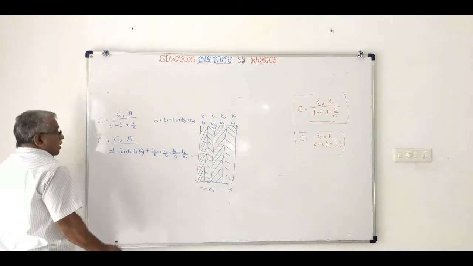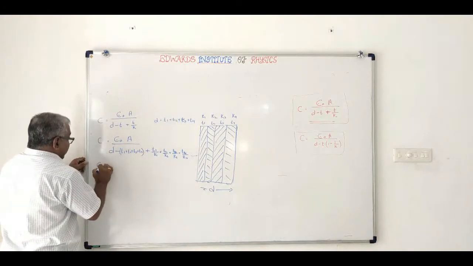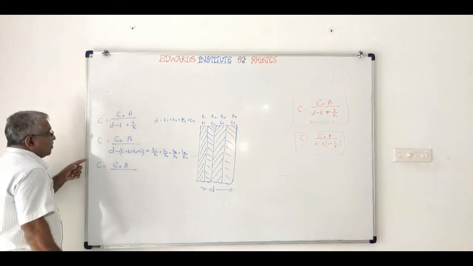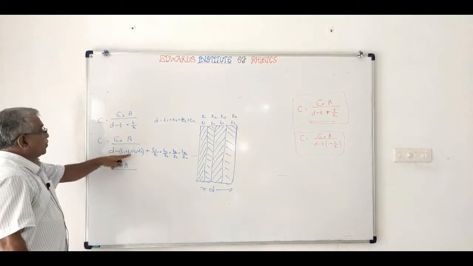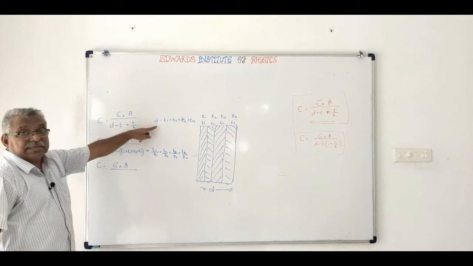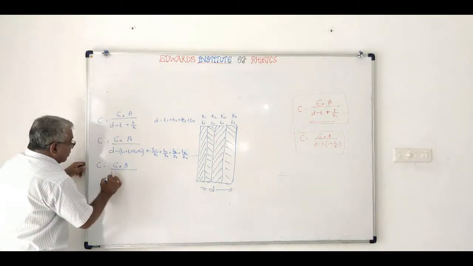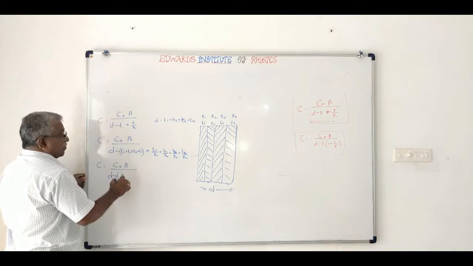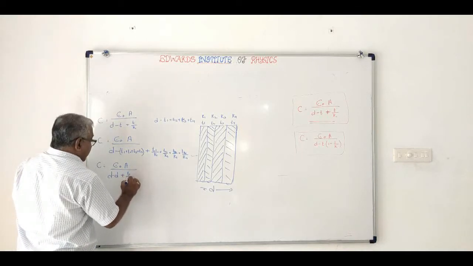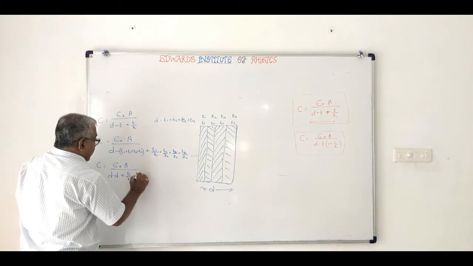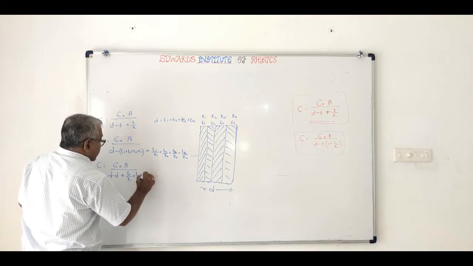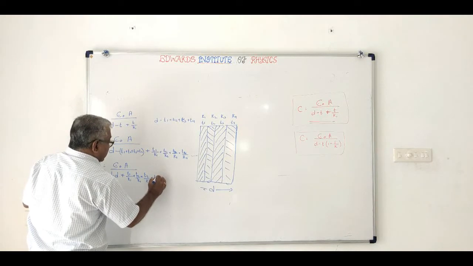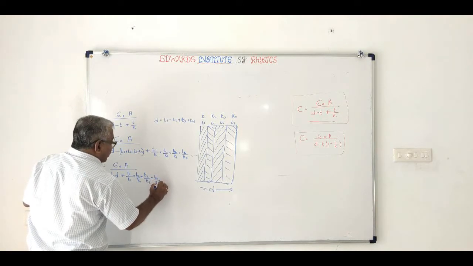Now, C will be equal to epsilon 0 A by D minus T1 plus T2 plus T3 plus T4, that is D minus D, plus T1 by K1 plus T2 by K2 plus T3 by K3 plus T4 by K4.